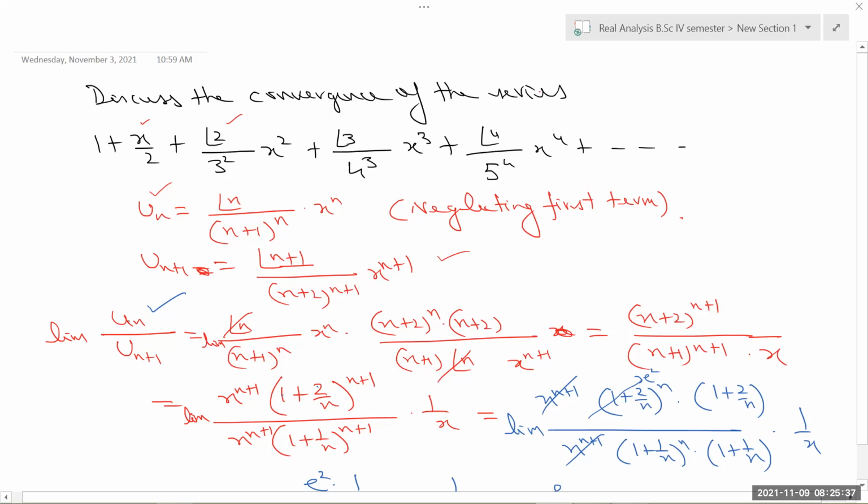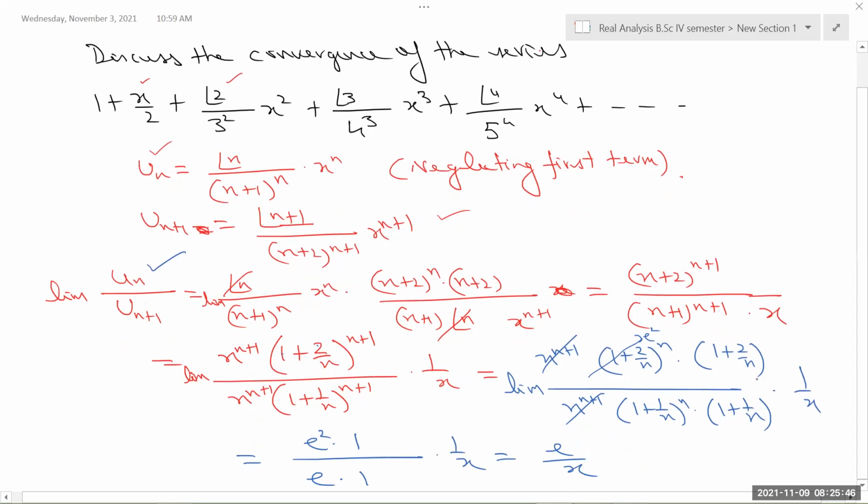Now look at the limit of un upon un plus 1. On simplification, we will get e by x. So this un upon un plus 1 involves the exponential term, and it is good to apply the logarithmic test here.